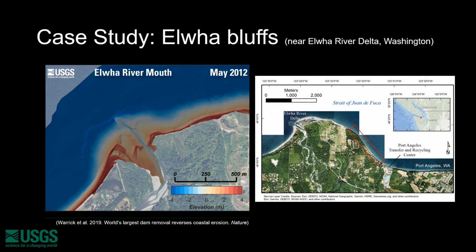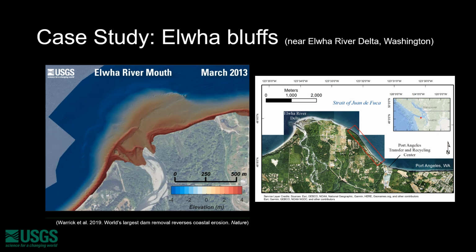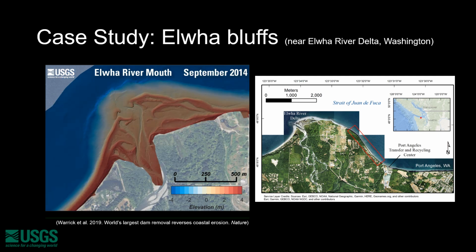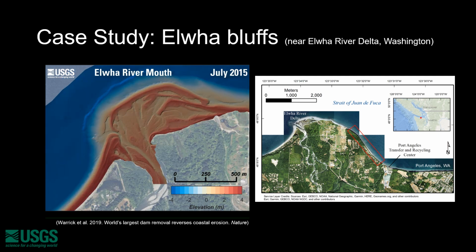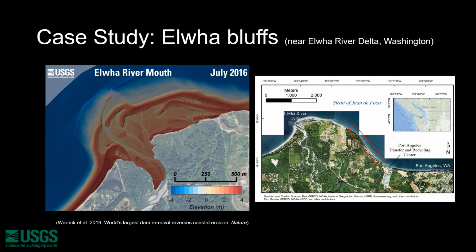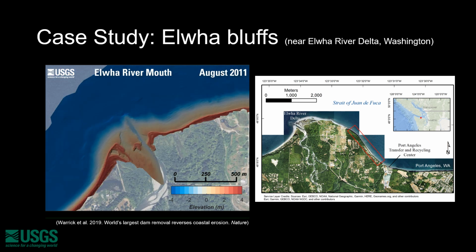So for the case study here, to look at how we segment out this vegetation from the geomorphic cliff itself, we're really going to focus on a case study of the Elwha Bluffs. This is a 1.5 kilometer long section just east of the Elwha River Delta.